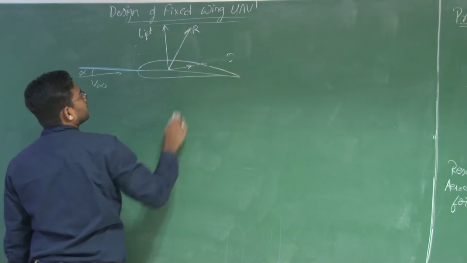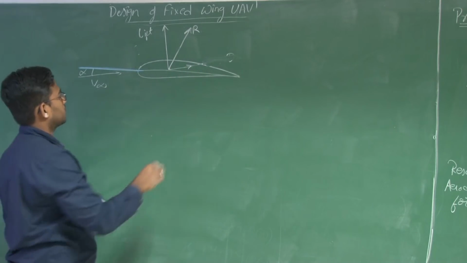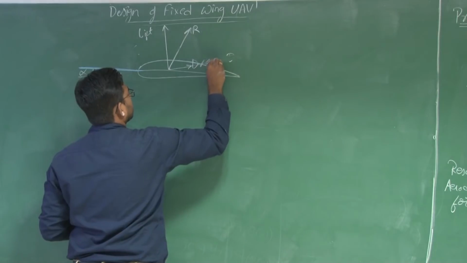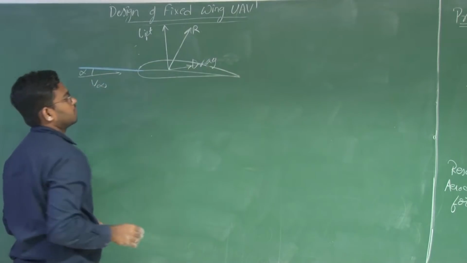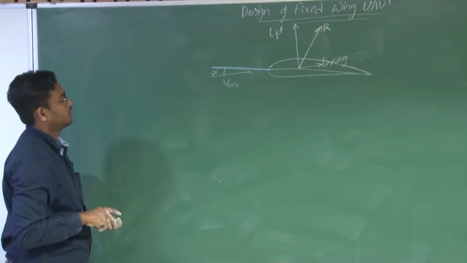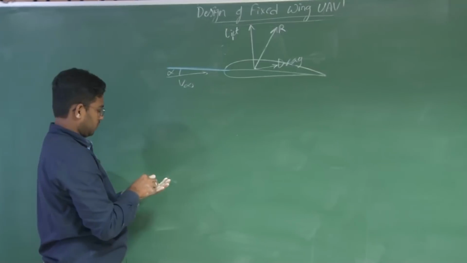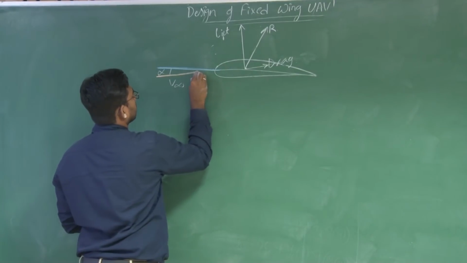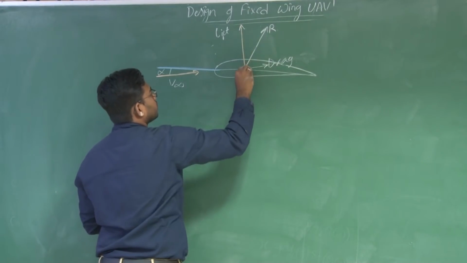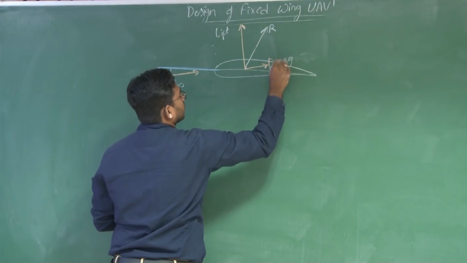So if you say the arrows represent the magnitude, then drag is much smaller than lift, right? Understand? So we have defined lift and drag.